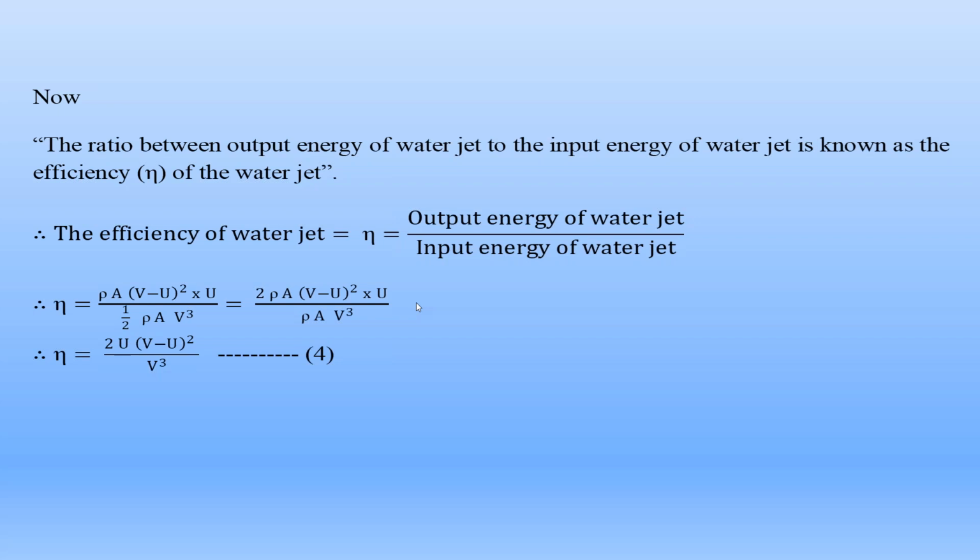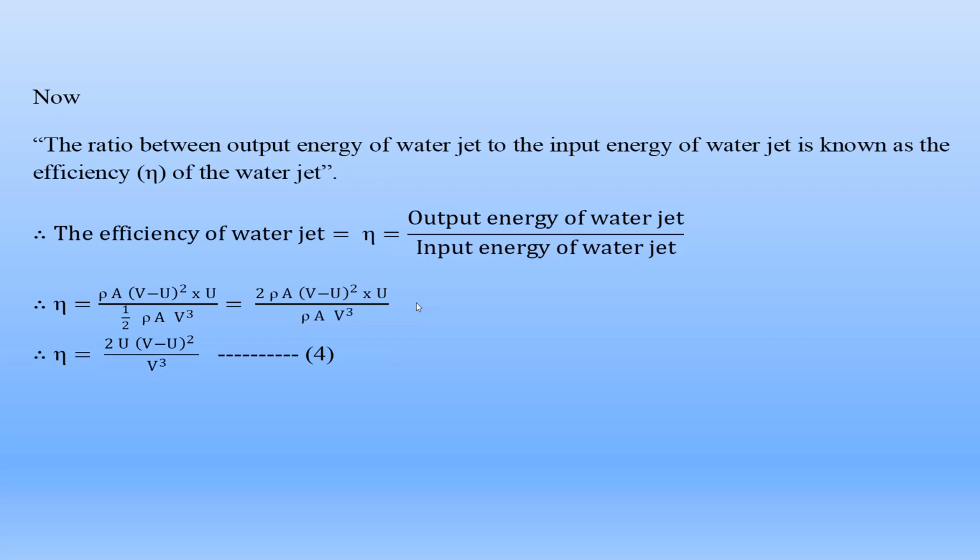So the efficiency of the water jet is maximum when d nu by du equal to 0.